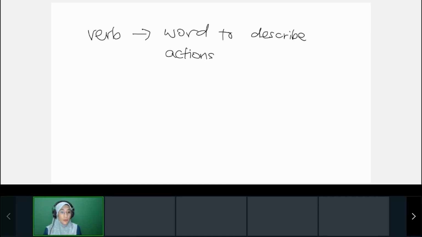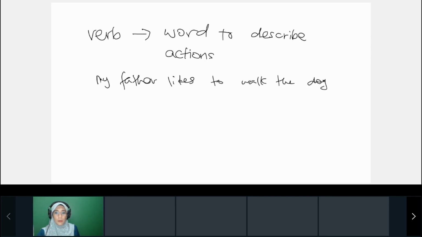Like I said before, we have the sentence, my father likes to walk the dog. The verb here is likes, and it can also be to walk the dog.